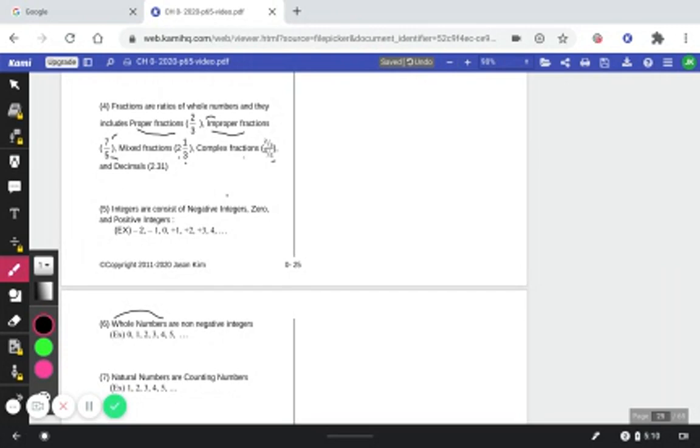That's what we call whole numbers. Natural numbers, which we also call counting numbers, are positive integers, not including zero. So it's like 1, 2, 3, 4, 5. So the difference between whole numbers and natural numbers is that whole numbers include 0 and natural numbers do not have 0, and they are all positive numbers.